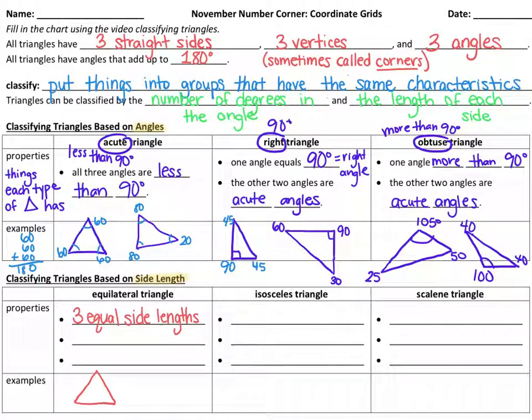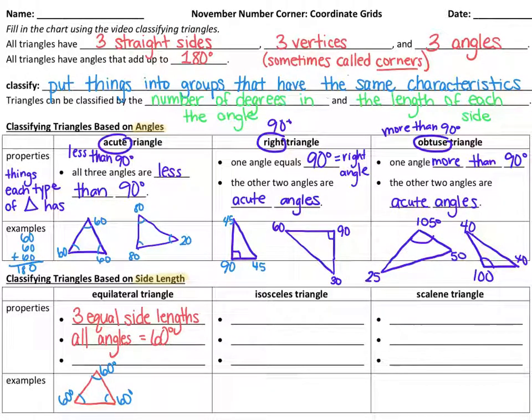They're all exactly the same length. The other thing an equilateral triangle has is all the angles are 60 degrees exactly, because equilateral triangles always look like this. Because they're the exact same shape, the angles are the exact same also. So 60, 60, and 60 degrees.